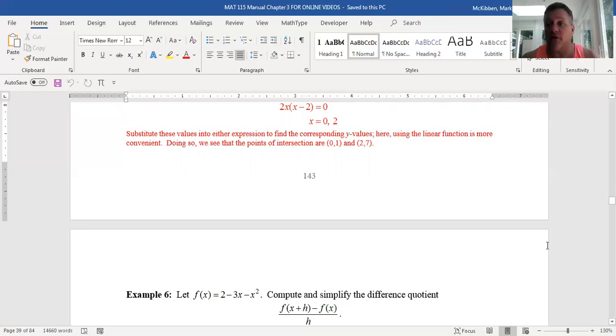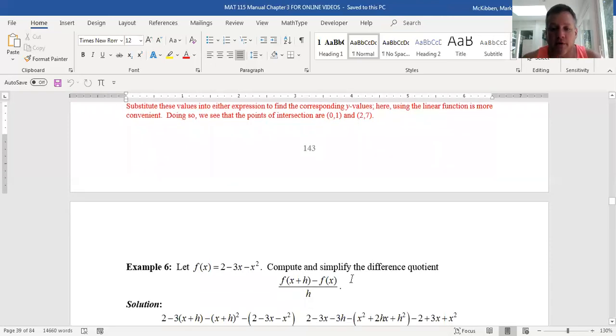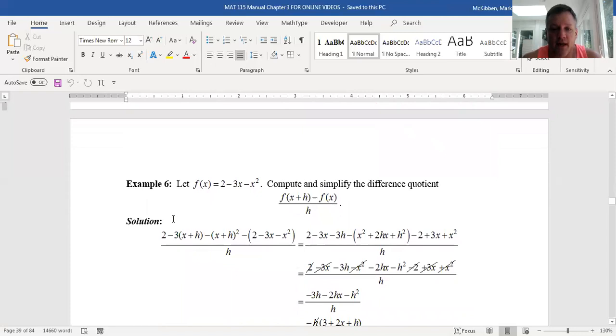And then remember how the function behaves. Whatever is in the parentheses each time is what goes into the box each time to compute that. All right, and so that's what I'm going to do over here. If I put x plus h into the box, I'm going to have 2 minus 3 times that x plus h, then minus that x plus h squared.